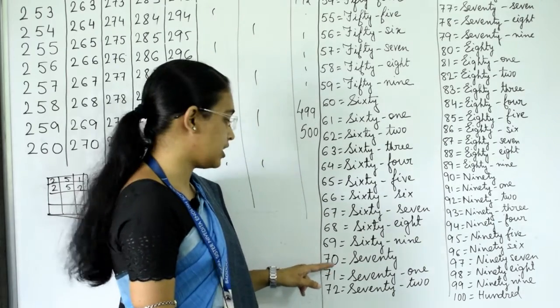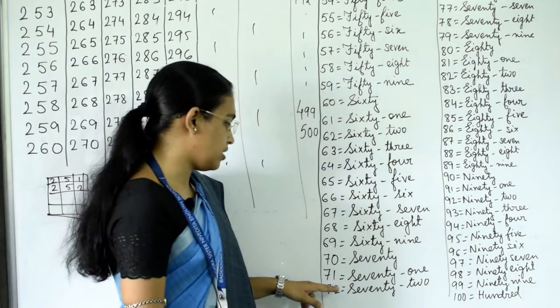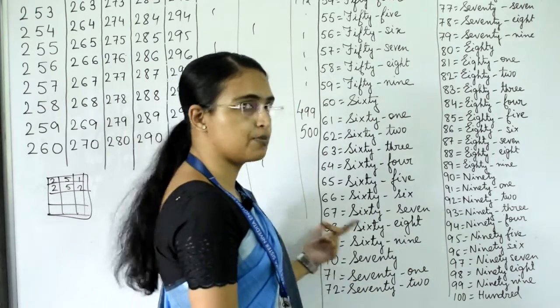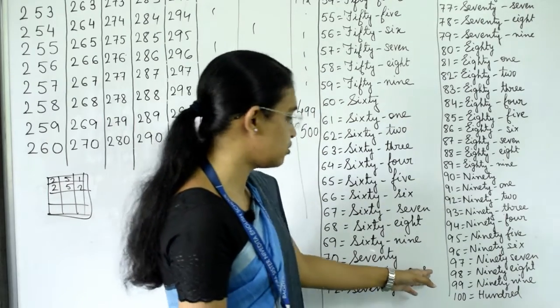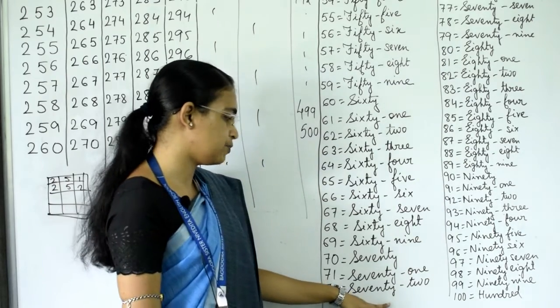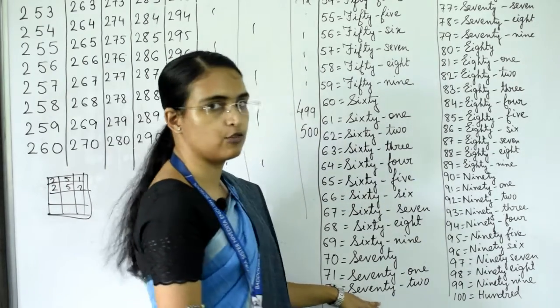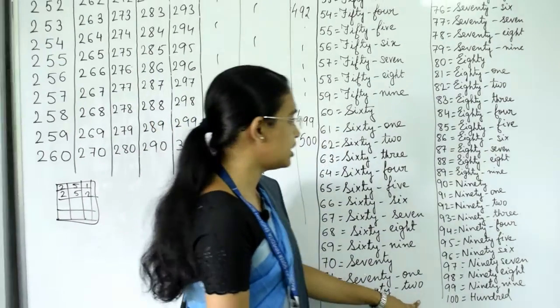Then 70, seventy 70. Then 71. What is the spelling of 70? Seventy 70, and with that you have to add one 1. Then 72. Again you have to write the spelling of 70, that is seventy 70. Then with that write the spelling of 2, two 2.